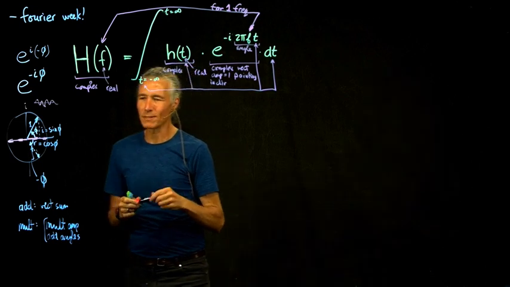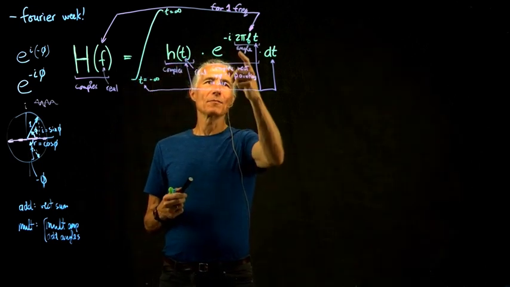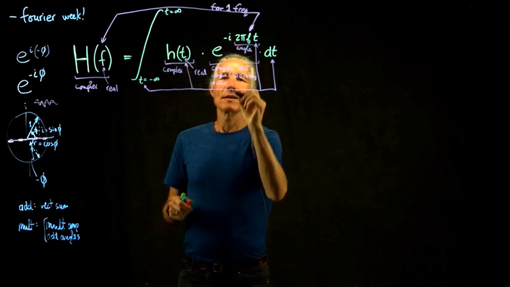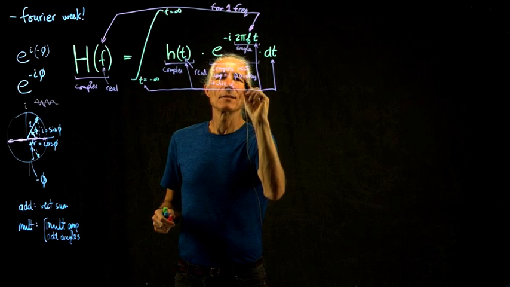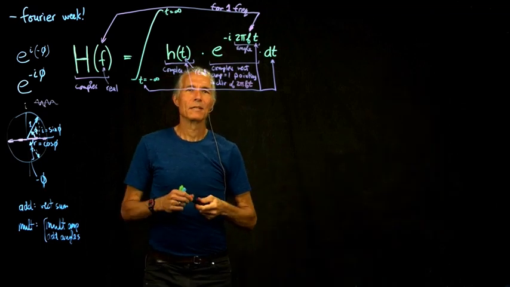So 2.1 cycles equals 730 degrees. So that's an angle, so pointing in the direction of that angle. And so the angle is 2 pi f t, all 4 of those things.